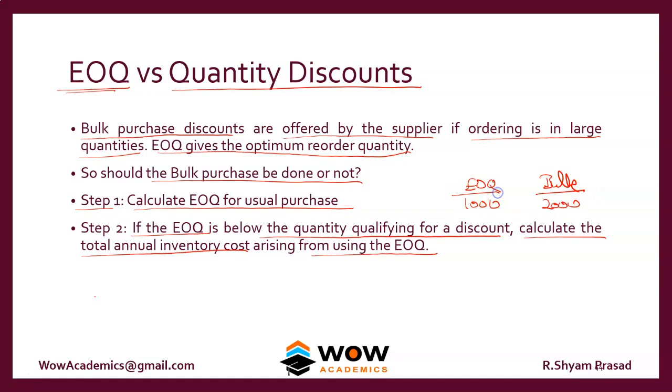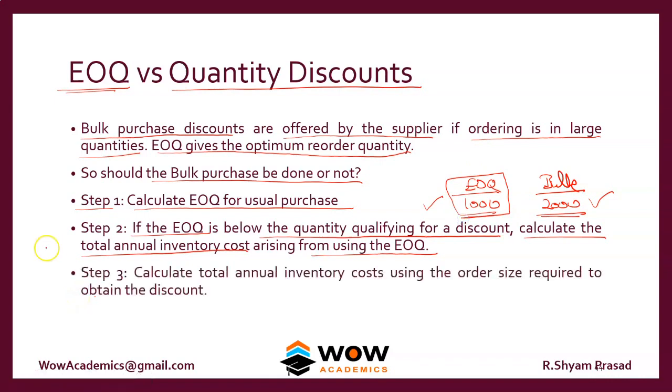So EOQ says you should buy only 1000 units, but the supplier says buy 2000 units. As EOQ is lower than the required threshold of 2000, now you have to work out the total cost of ordering and holding EOQ items. That is the second step.